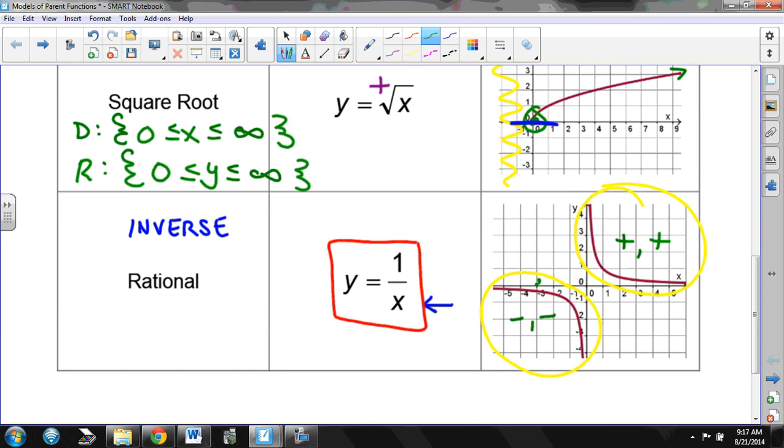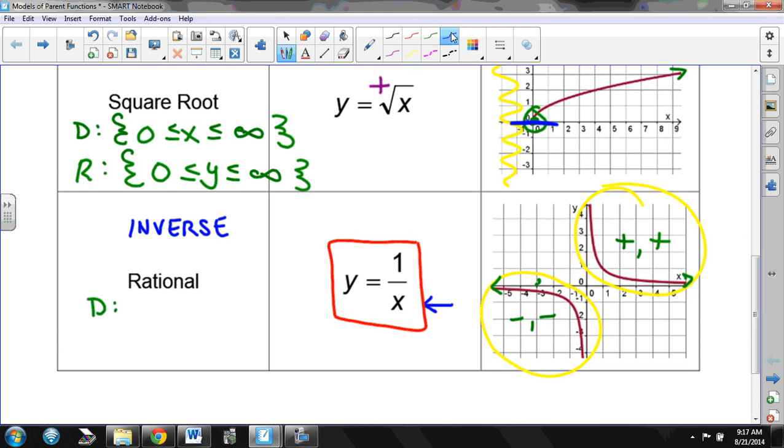If we look at the domain and range of the rational parent function, there is something special about those as well. If you look at the domain of the rational parent function, what x values can you have? Well, the x can go as far left as you want, and the x can go as far right as you want.